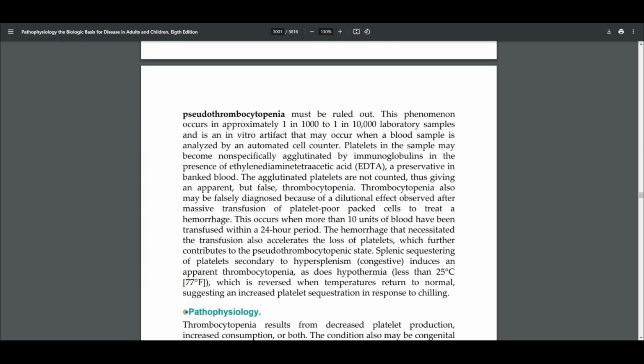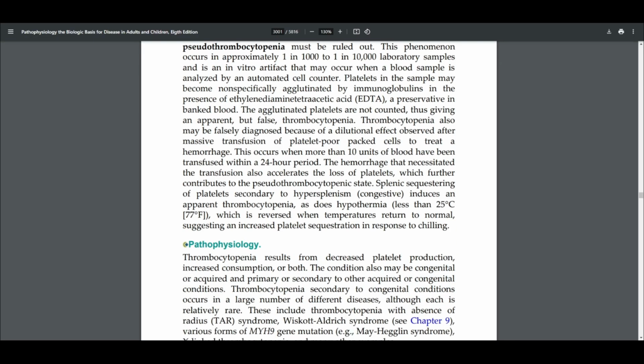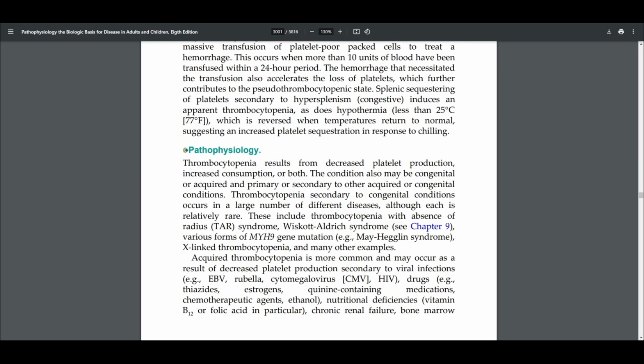Splenic sequestering of platelets secondary to hypersplenism induces an apparent thrombocytopenia, as does hypothermia, which is reversed when temperatures return to normal, suggesting an increased platelet sequestration in response to chilling.